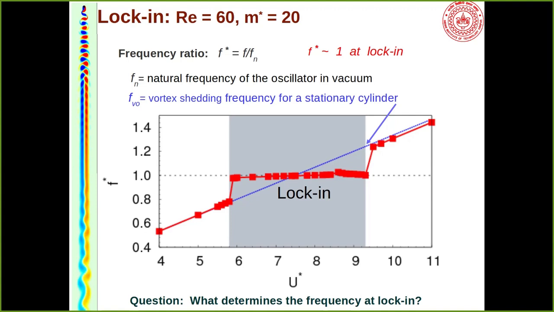Who decides the frequency? If it's the natural frequency, it's still understandable. But if it is something in between, neither the vortex shedding frequency for the stationary cylinder, nor the natural frequency, but somewhere in between, who decides that? Those are some very pertinent questions. Okay, where are they coming from?